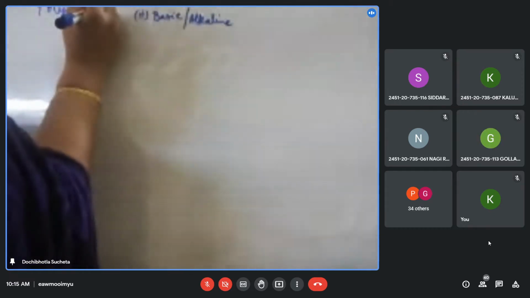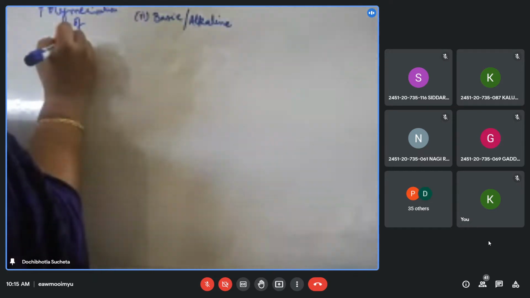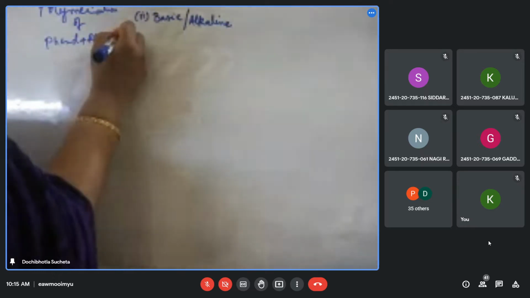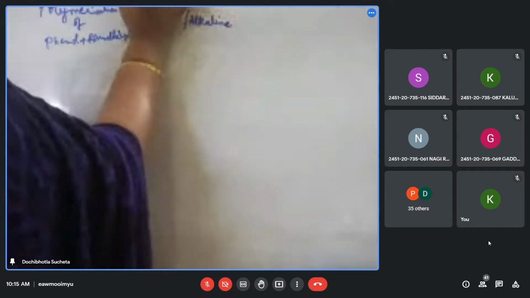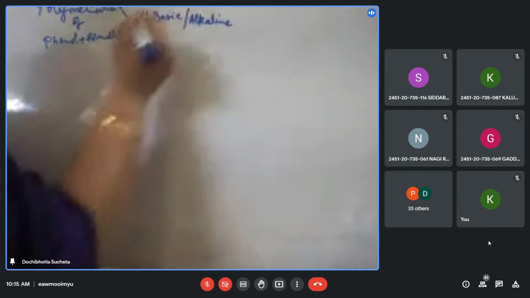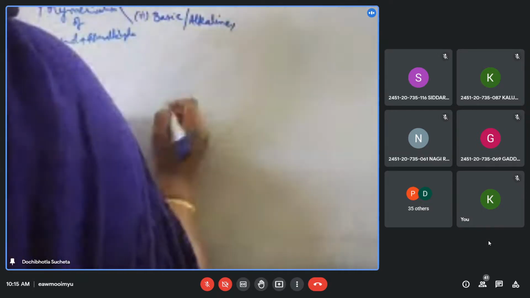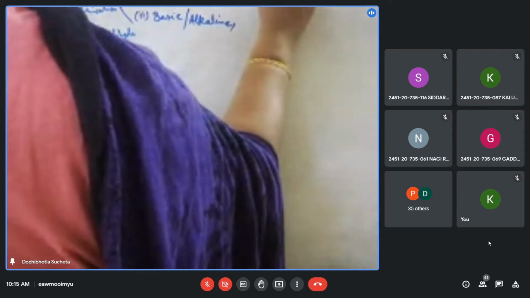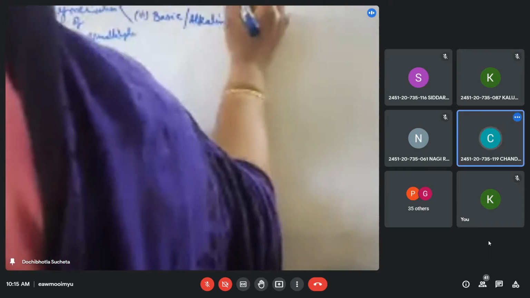So polymerization of phenol and formaldehyde is dictated by two factors. One is the medium. The other factor that dictates the polymerization is the P by F ratio. What does that mean? P by F is the phenol formaldehyde ratio.